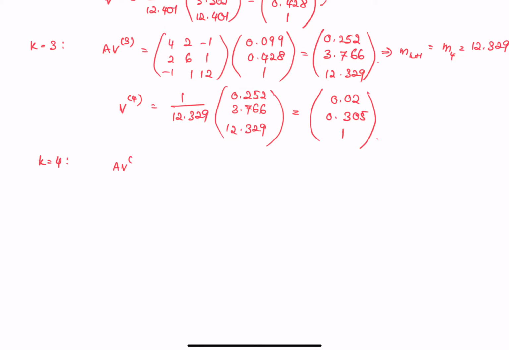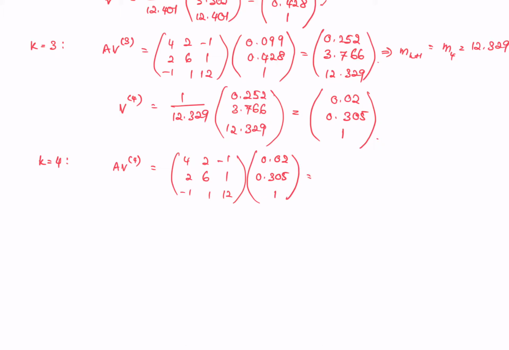AV4 is equal to 4, 2, negative 1, 2, 6, 1, negative 1, 1, 12, multiplied by 0.02, 0.305, 1, and then you will get negative 0.31, 2.87, 12.285.